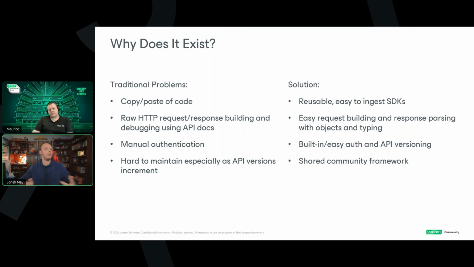Plus, because it's open source, it can be community maintained. It's not just one person maintaining this low level operational task. The workload can be shared to test it, support new API versions as they release, and so on.